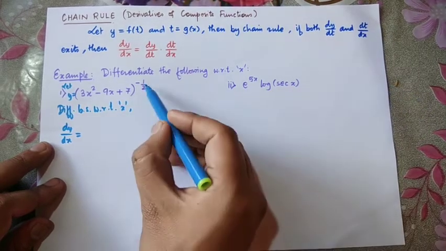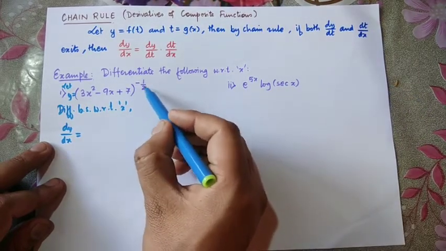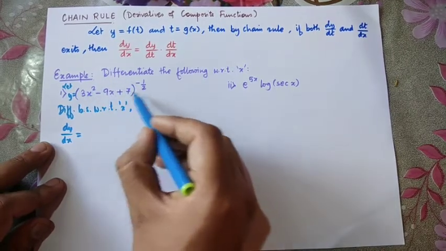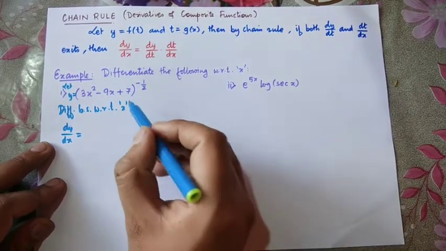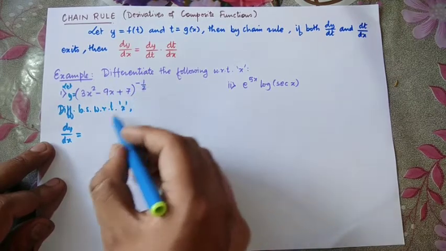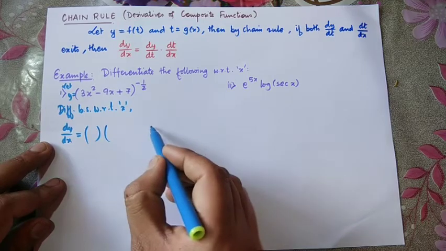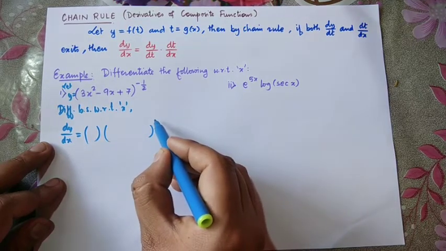Outside we have a power, so treat this full thing as x, so it will be x to the power n. The differentiation of x to the power n will be n into x to the power n minus 1.